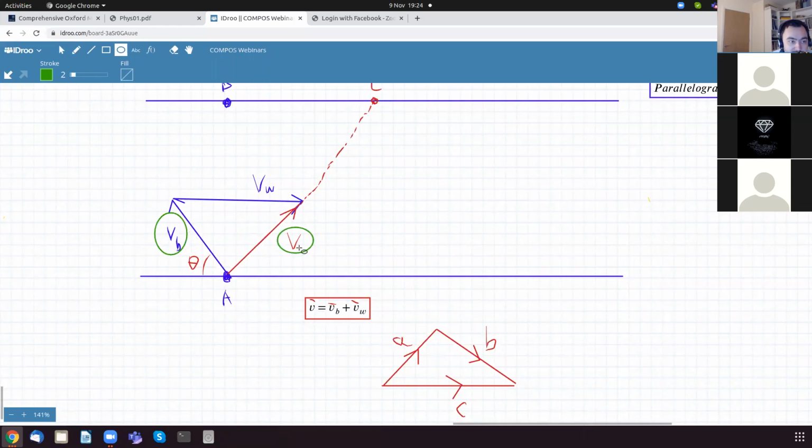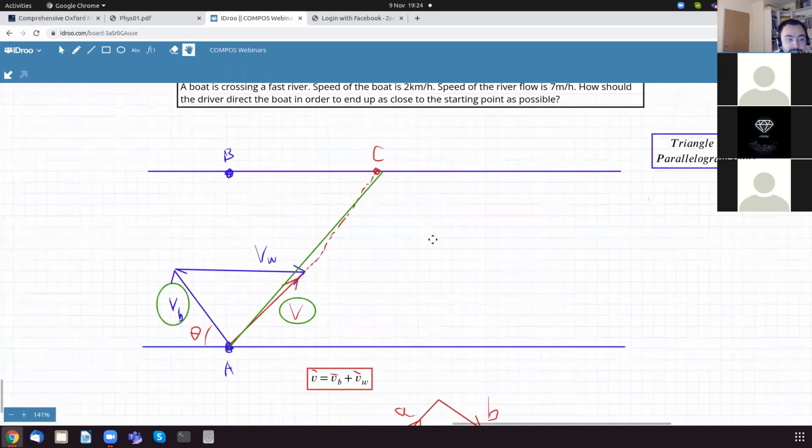And your task is to make this as close as possible to B, which is, let's say, point C.